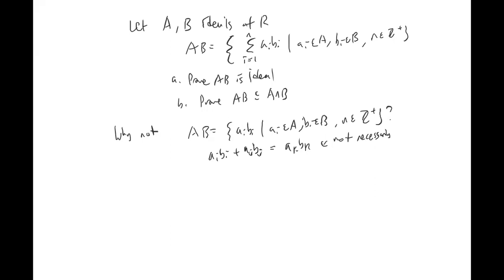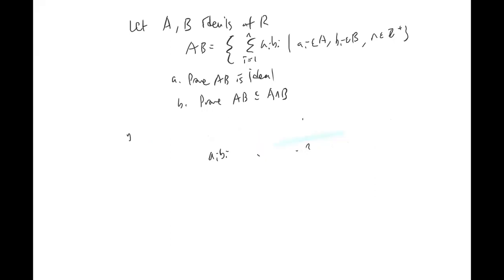Okay. So now you see why for part A, this notation is better, because now this is a subgroup, right? So if I had a finite sum plus another finite sum, let's use i equals 1 to k, let's use a_i prime, b_i prime. Well, this thing is still a finite sum of elements, right?